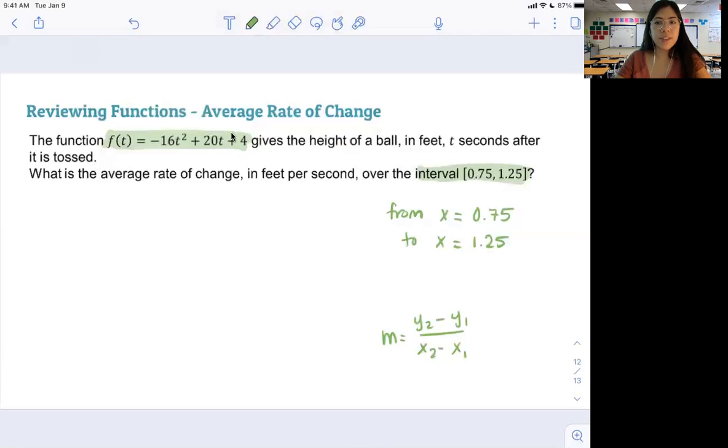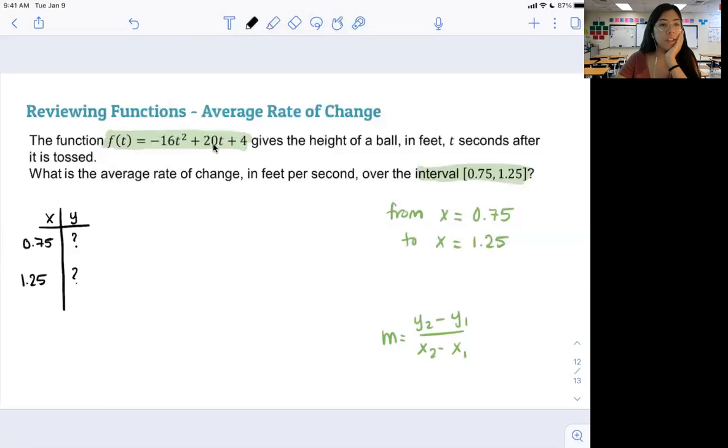Well, that's the y-intercept, but that's not the corresponding y values. So here's the problem, if I would make this into a table, I know that I'm at 0.75 comma something and 1.25 comma something. But I don't know what those values are.